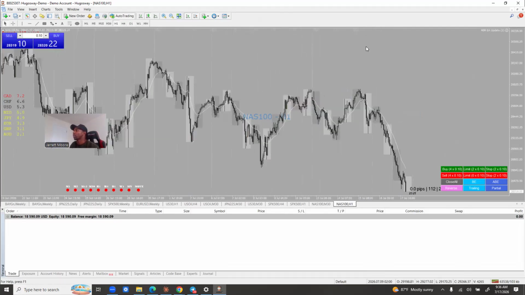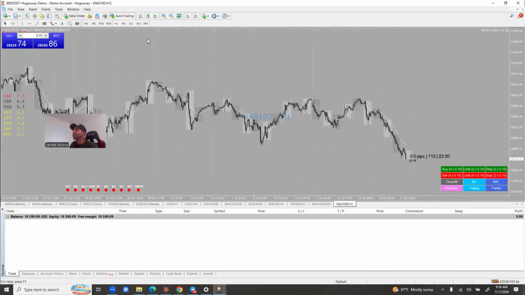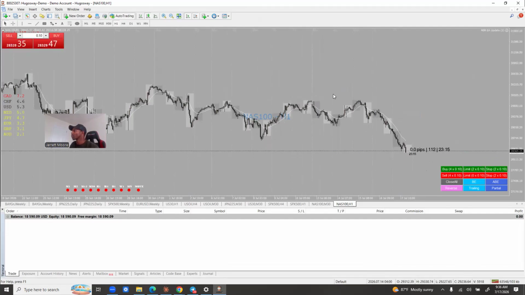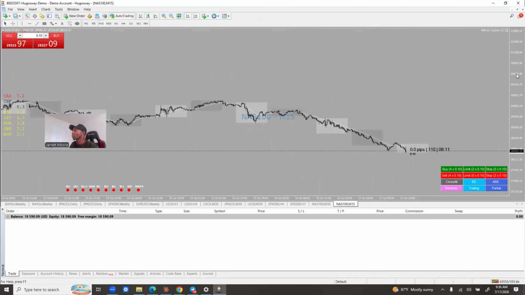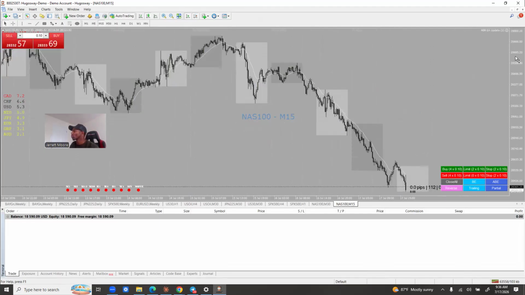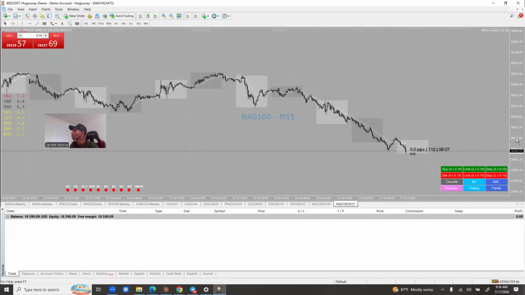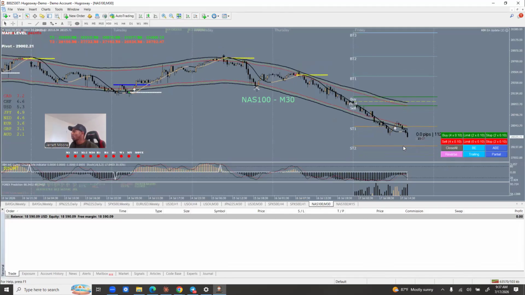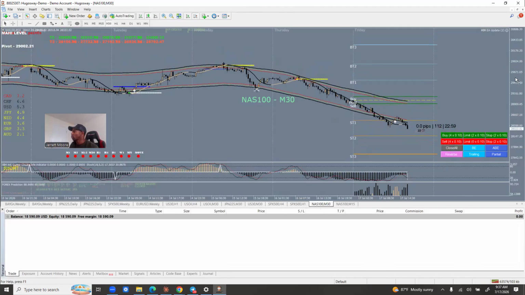I think we're going to get like a death drop. I think that's going to confirm where we're going. They probably should go to ST2, ST3.